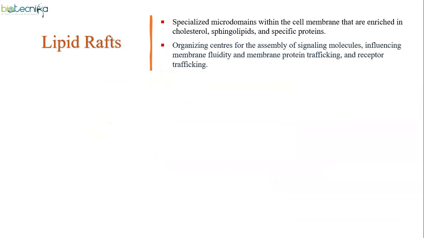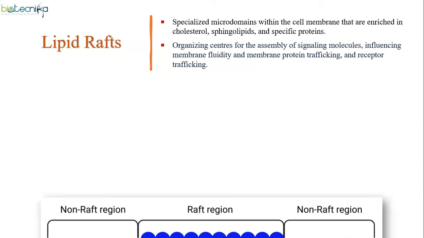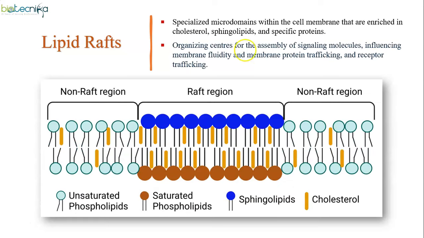Next, the last part of the session is all about lipid rafts. These are specialized microdomains present within the cell membrane, enriched in cholesterol, sphingolipids and specific proteins. These are the organizing center for the assembly of signaling molecules, influencing membrane fluidity, protein trafficking as well as receptor trafficking.